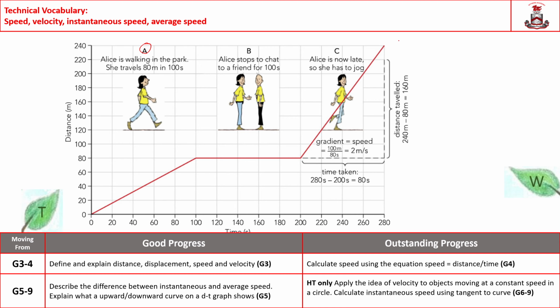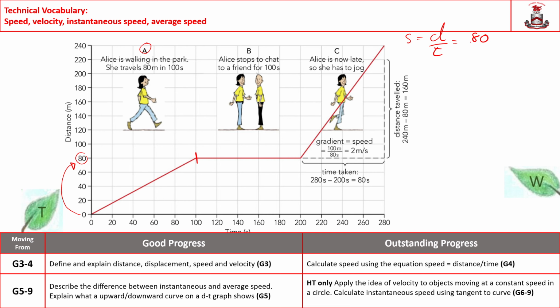Now for A here, I'm going to use speed equals distance divided by time. Well, let's have a look. For section A, which finishes here, what distance did she move in section A? Well, she moved 80 meters. She started at 0 and she went to 80, so she moved 80 meters in total.